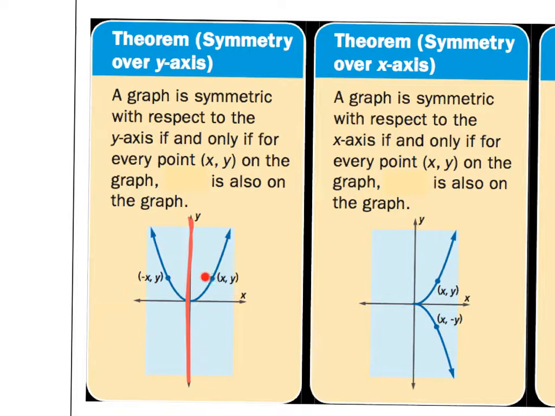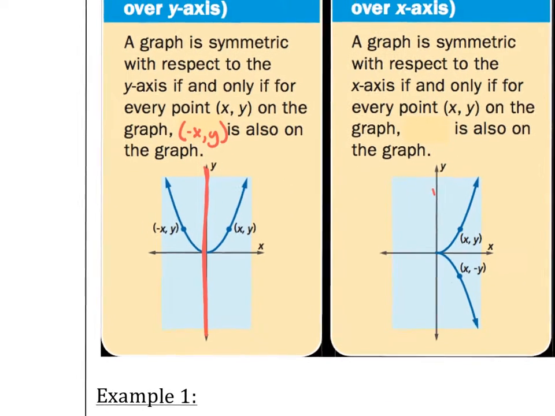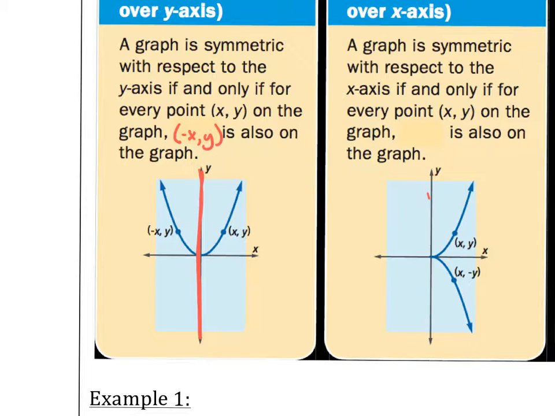So we would call it a horizontal reflection because it reflects horizontally. In that case, it's if and only if for every point x, y on the graph, then what else is true? That negative x, y is also on the graph. So how do you summarize that? Opposite of x.